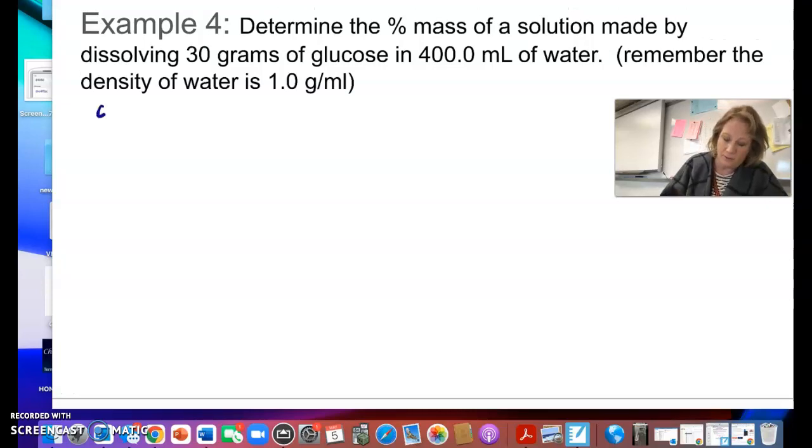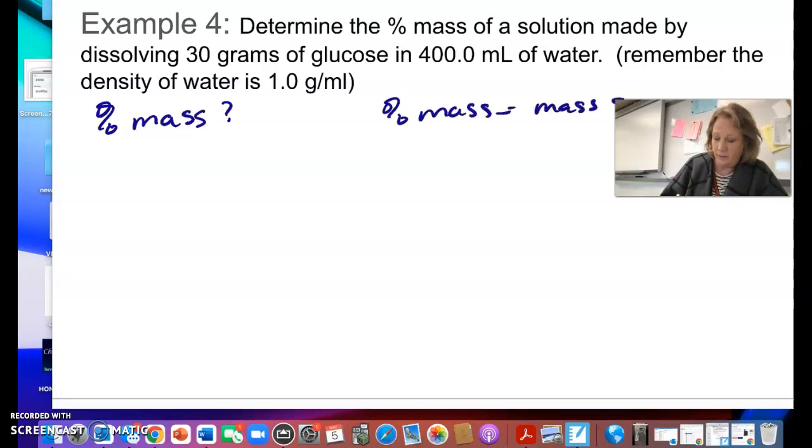In this question we're trying to solve for percent mass, so we're going to use that equation: the mass of our solute over the mass of our whole solution, times 100 to make it into a percent.